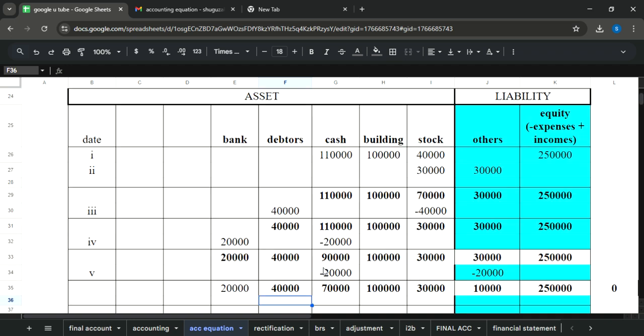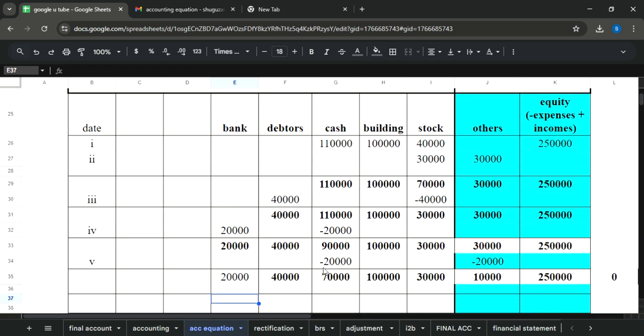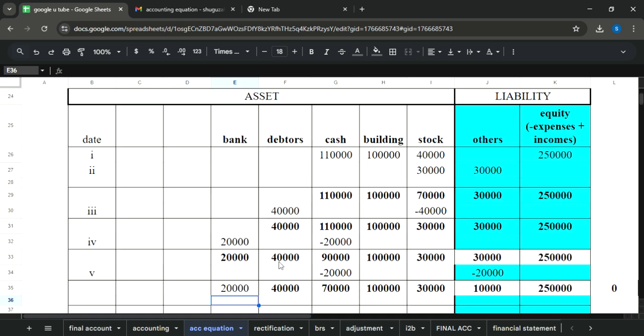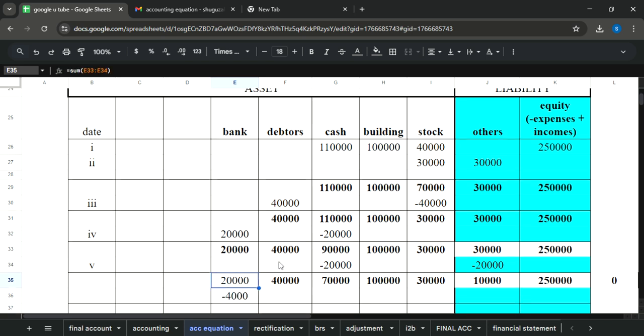If you have issued your check, obviously your bank account would be decreased. Amount of check is 4,000. So here, decrease in your bank account, 4,000. On the other hand, telephone bill is your expense, and you can see that all expenses would be subtracted from capital over here.